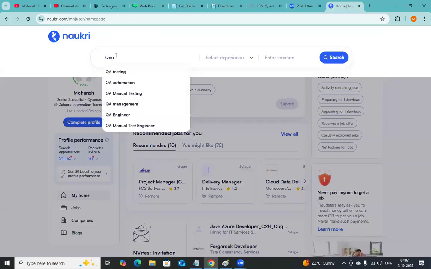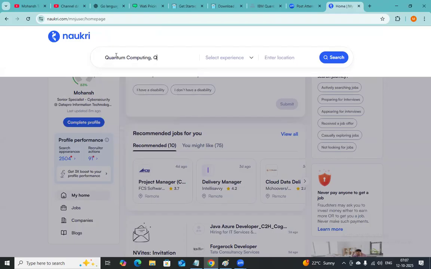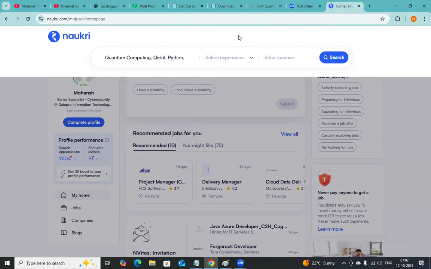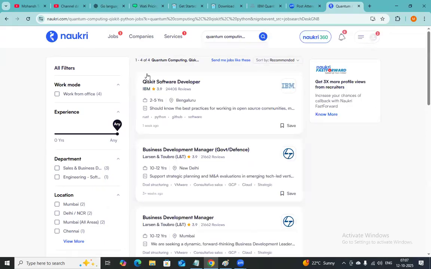So let me show quantum computing, Python, Qiskit. Let me show how many jobs are available for quantum computing. Okay, so this is not the right search.